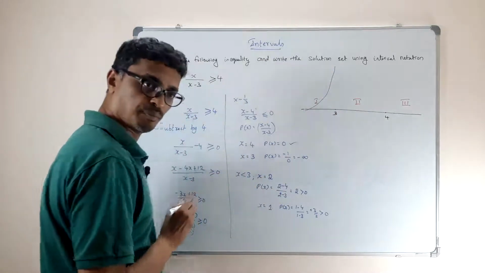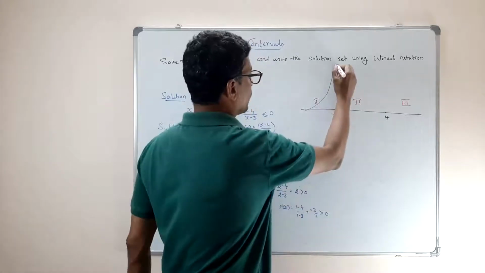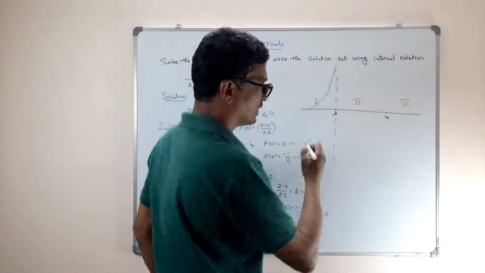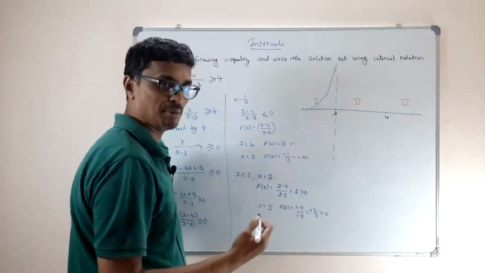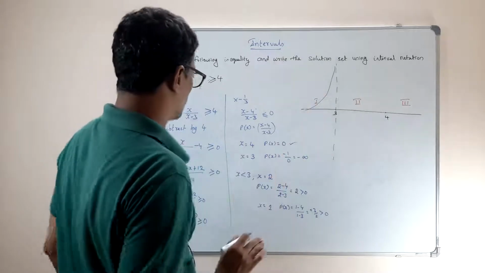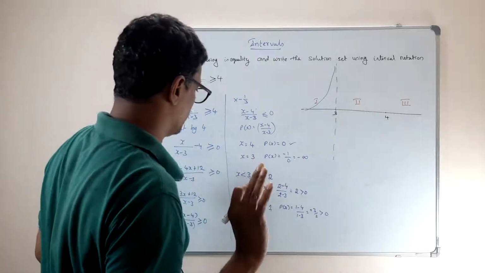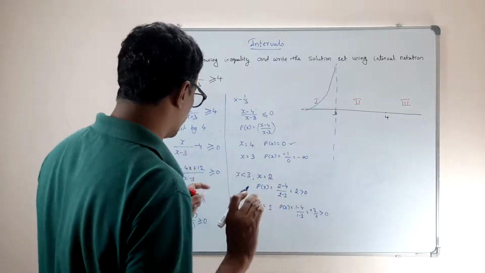You don't have to draw this line, only remember this. At this region, this is infinity. This type of solving is what they call the wavy method. Anyway, it doesn't matter what the method name is. You know how to get the interval, that is important.